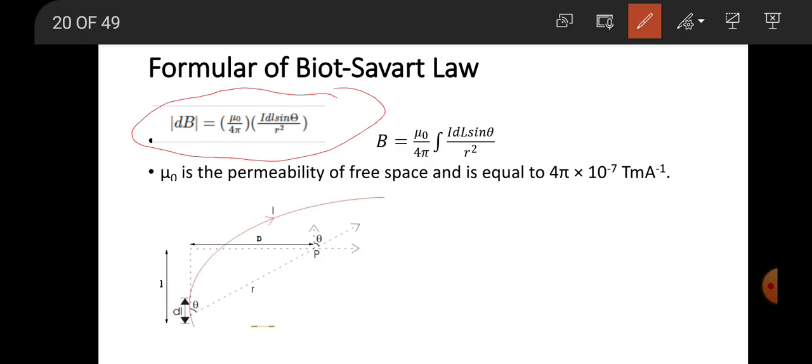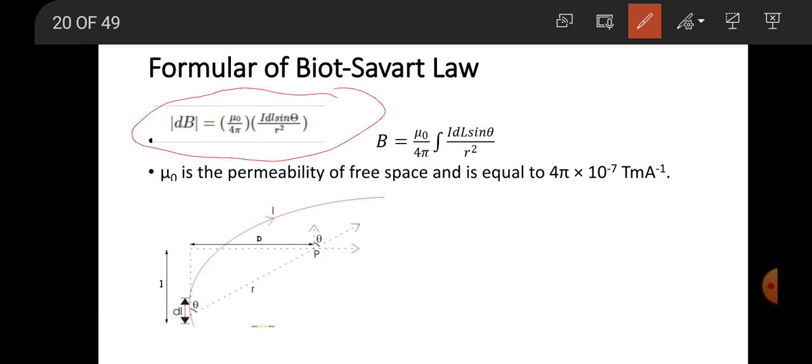Then sine theta is of course the angle, while R squared, R there has to do with the distance from the point of the field to the current. So B is equal to mu naught over 4 pi I dL sine theta all over R squared.